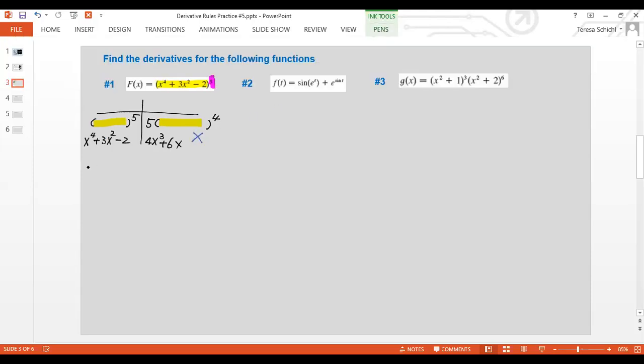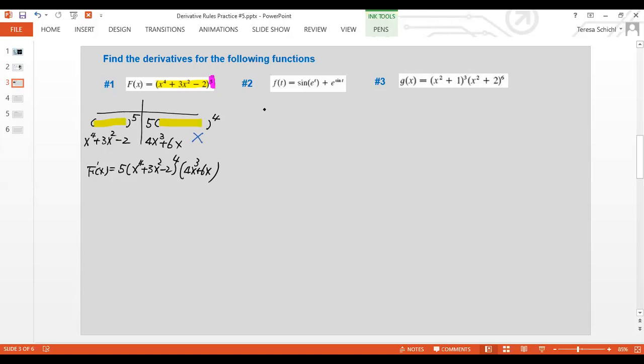So f prime of x will be 5 times (x^4 plus 3x^2 minus 2) to the 4th power, times (4x^3 plus 6x). So the first thing you identify is what basic function you need to use. This is a power function, and then whatever is inside.